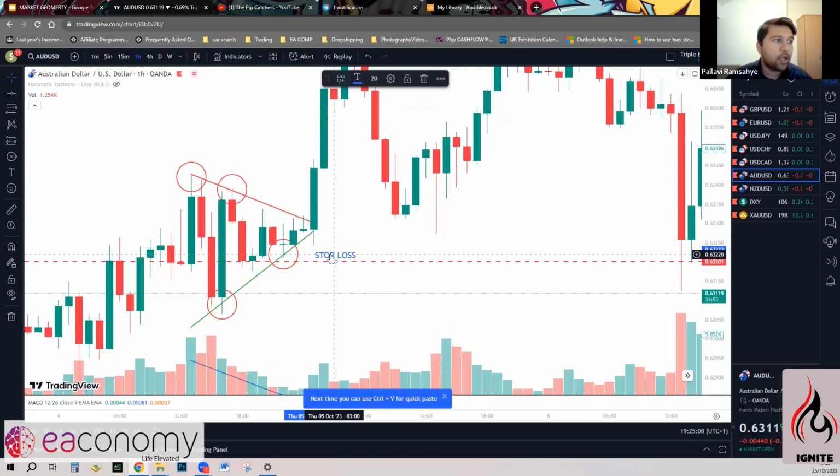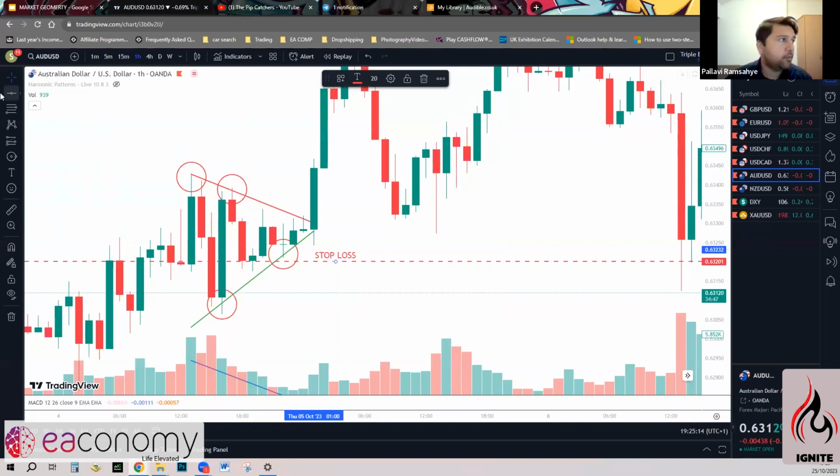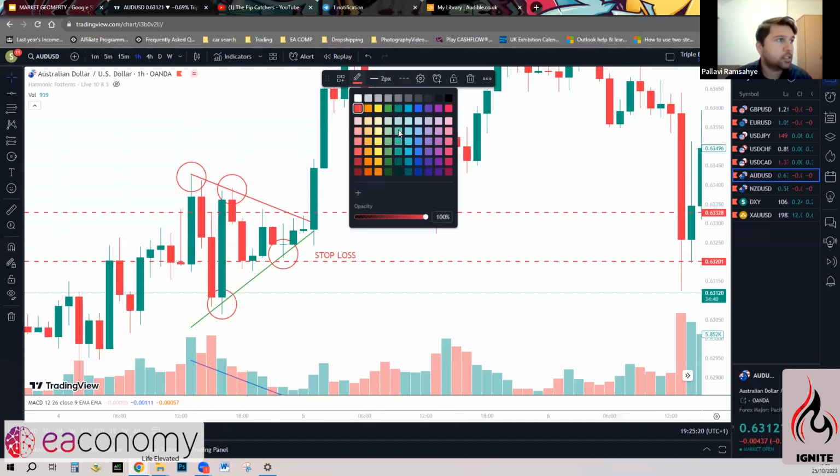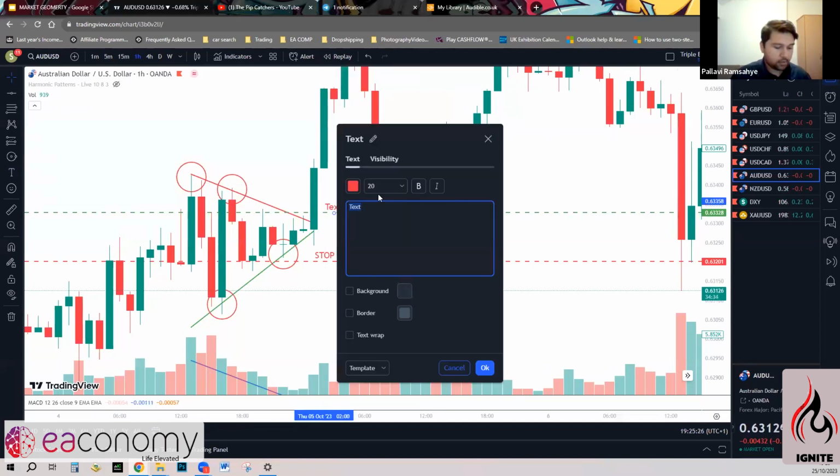Does anybody recall how to measure the take profit? Can anybody pop that in the chat just while I pop in the entry? Let's change that to green. Entry.